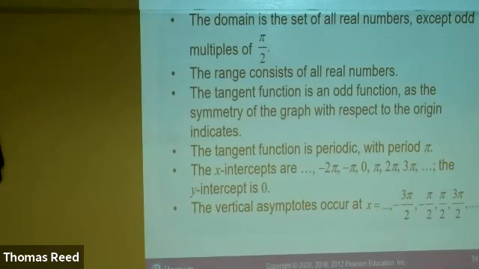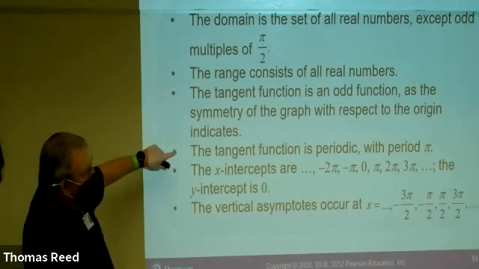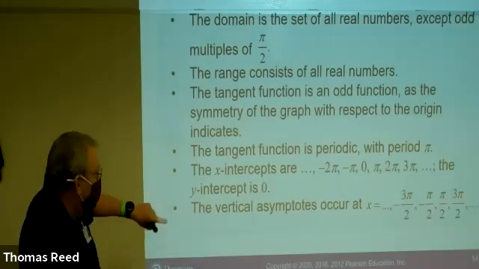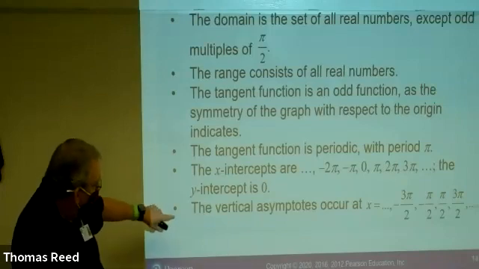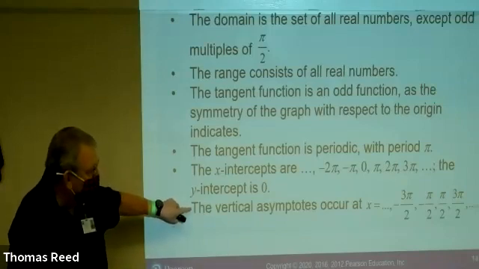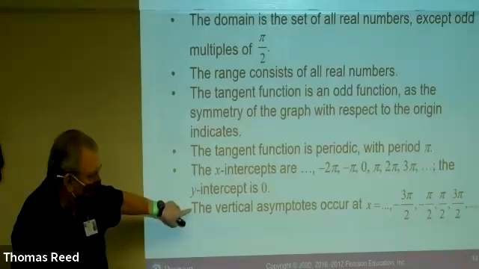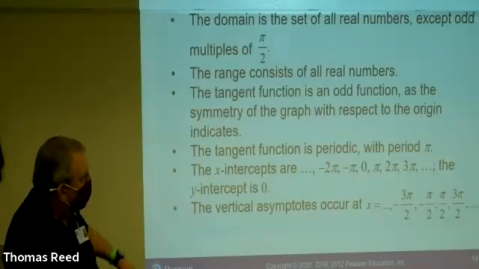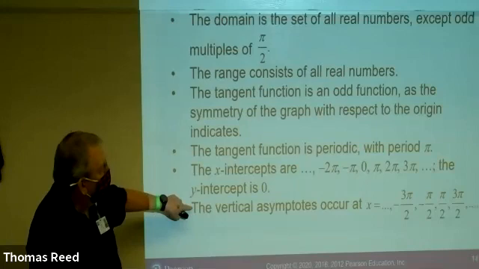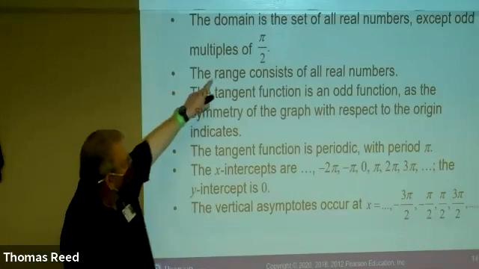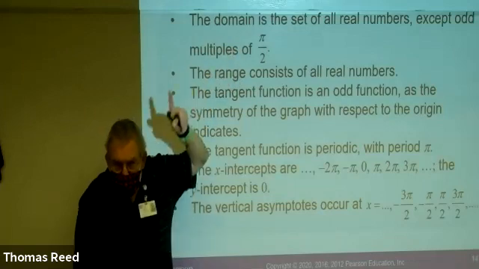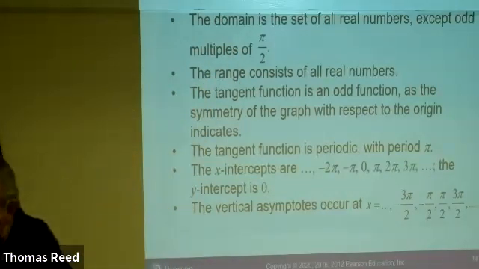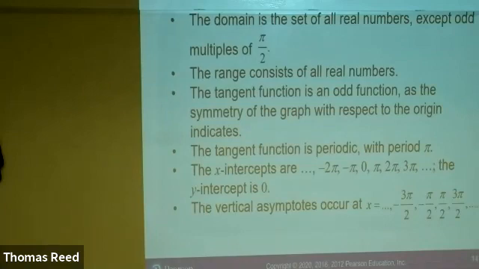The tangent function is periodic with a period of pi. Right? And the periods fall between the vertical asymptotes. And the vertical asymptotes are the same as what's excluded from the domain, because the function does not exist at those values.